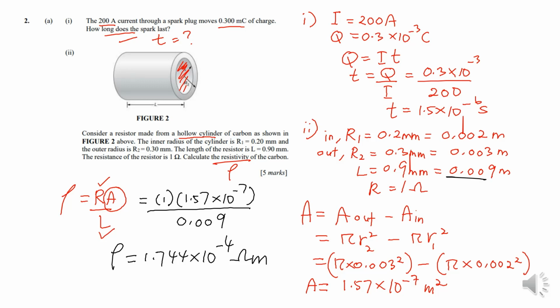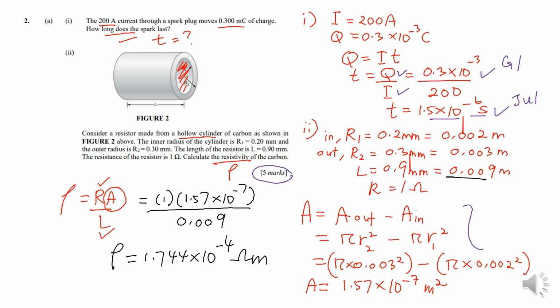Okay, so kita tengok pula dekat mana markah 5 markah ini. Yang pertama pada gantian, untuk Q dan I yang betul, gantian. And then kita pergi kepada jawapan berserta unit yang betul, 1 markah. Okay, and then kita pergi yang kedua.